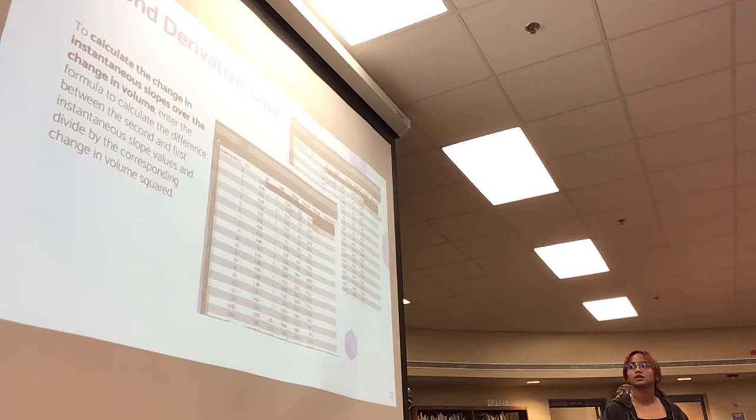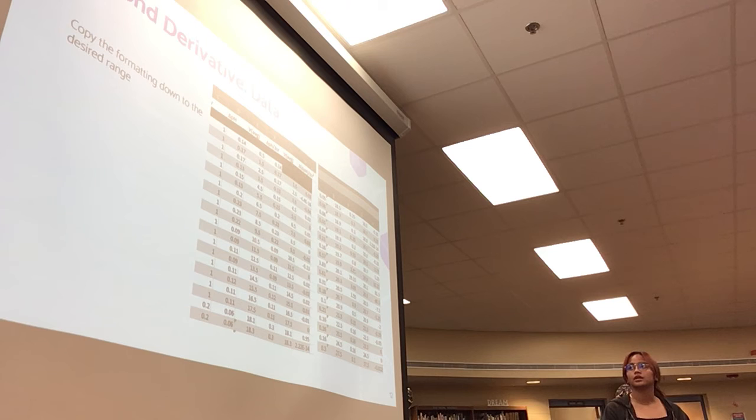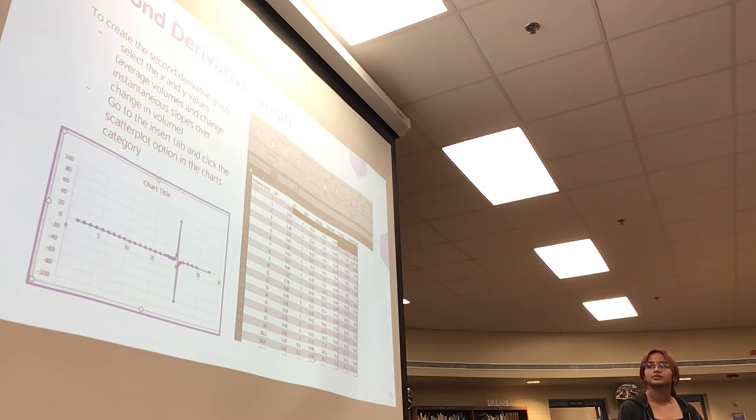Enter. And then these should be your data points for your second derivative graph. And then this is your raw chart. It's basically the same way you enter any graph, just as we've gone over before.